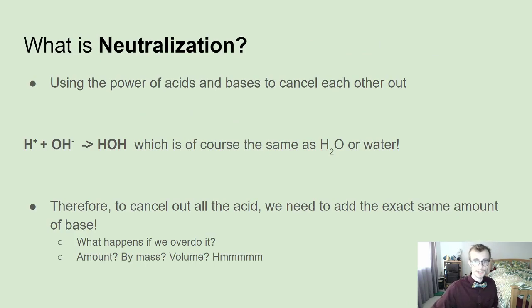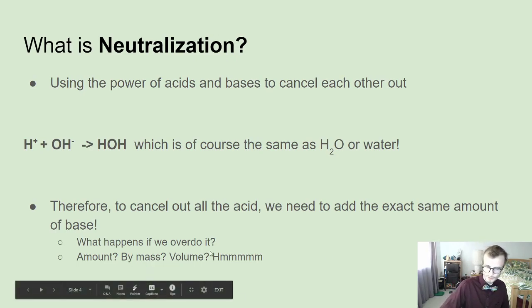But when I say we need to add the exact same amount, what do I really mean? Do I mean the exact same amount by mass? Well, that's pretty tough because maybe I have a whole creek of water flowing out. It's not necessarily easy to measure the mass of the acid. What about the volume?